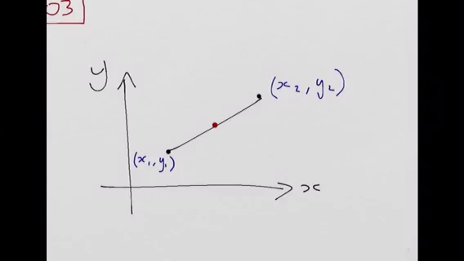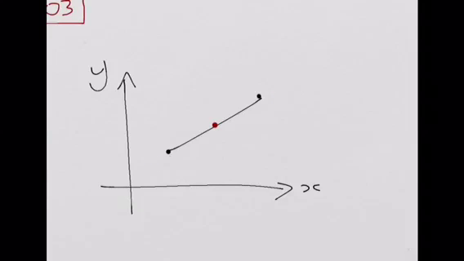So we'll mark those out on the axes and label them. We have a value here of x1, and this one is x2. And the y coordinate of this one is y1, and the y coordinate of this one is y2.